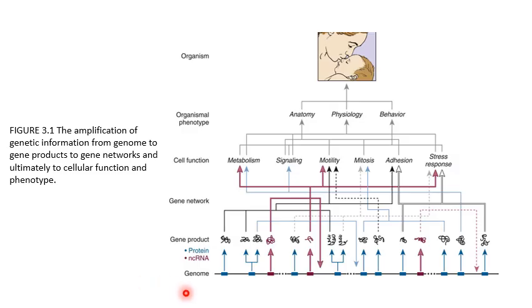An example of this network in this picture is the genome, which has blue areas, the protein coding genes, but also some red areas, which are the non-coding RNA. These non-coding RNAs integrate into the process of gene networking and will affect the cell function, and eventually will result in variability in the phenotype of the organism.